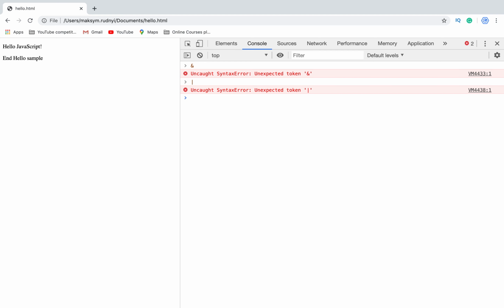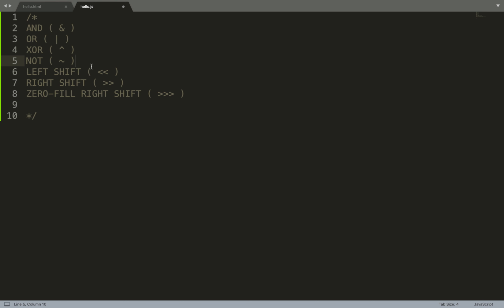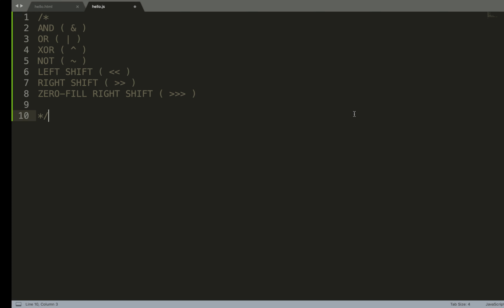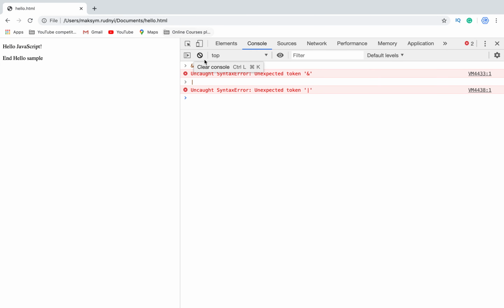Let me show you a sample. We have a list of these operators, but from my experience, for example, in 8 years of development, I never used these operators.